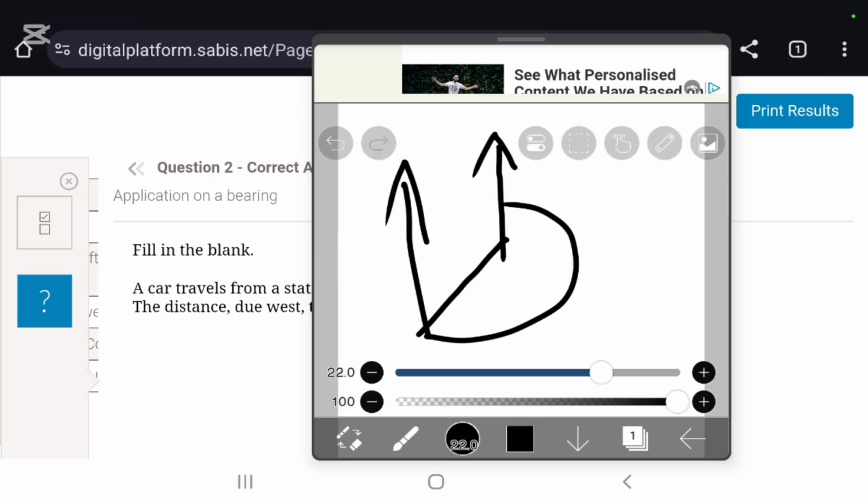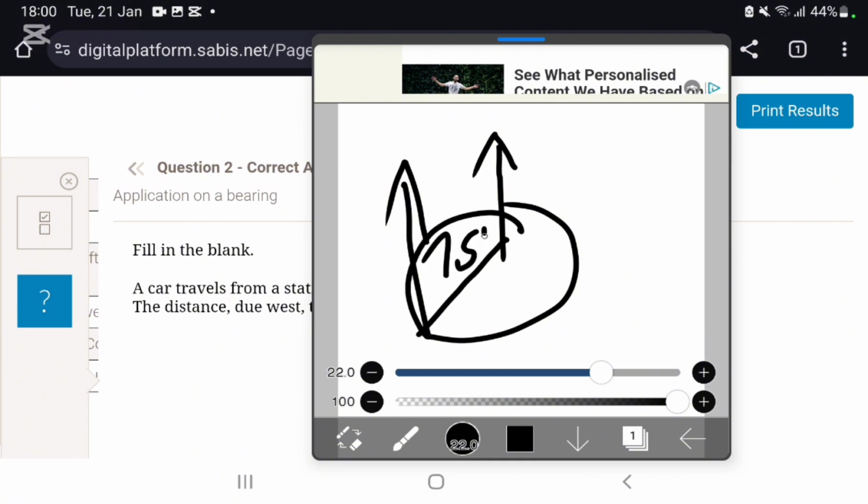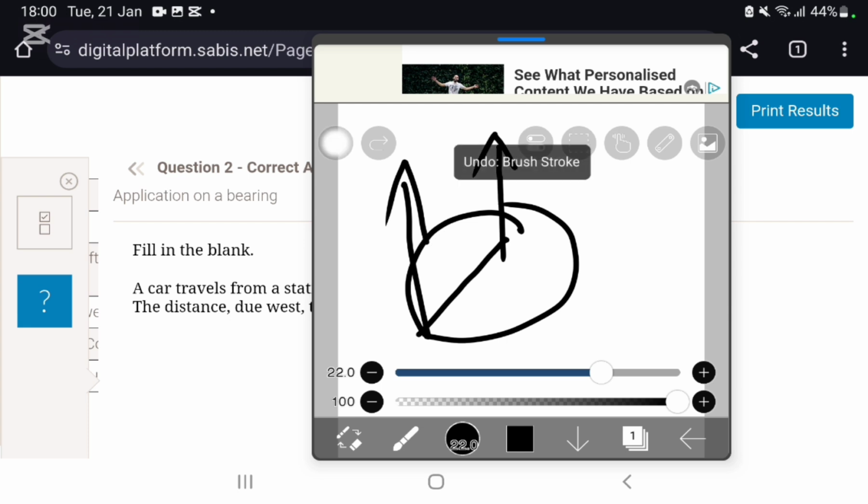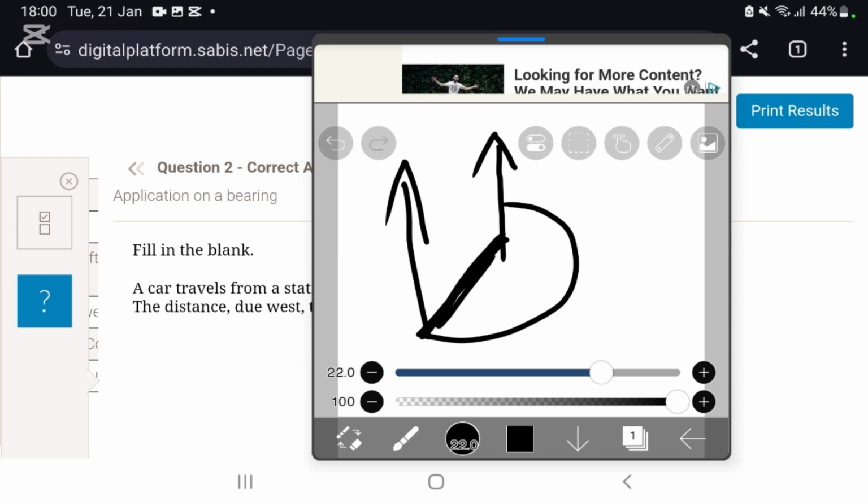Okay, so I updated the drawing and this whole angle is 150. They want this angle and we have the entire thing, but we want this angle.